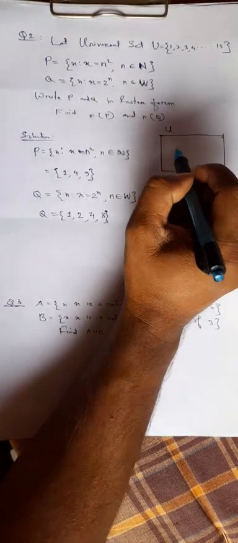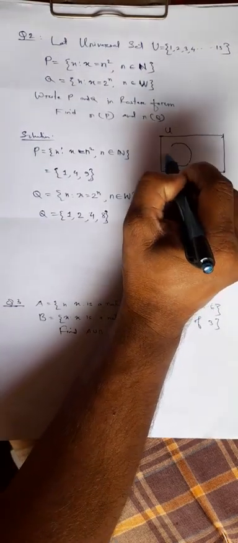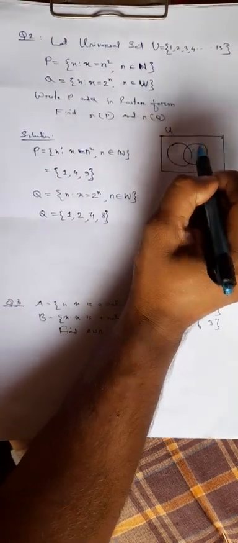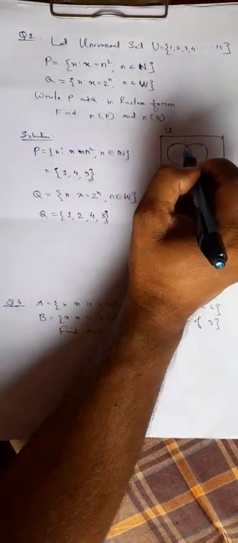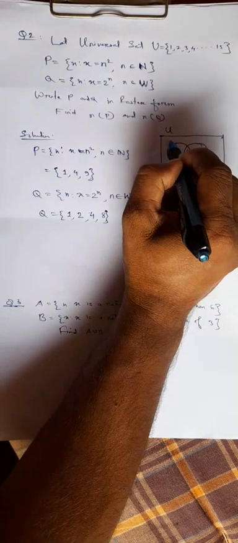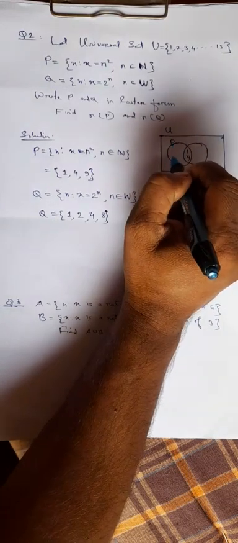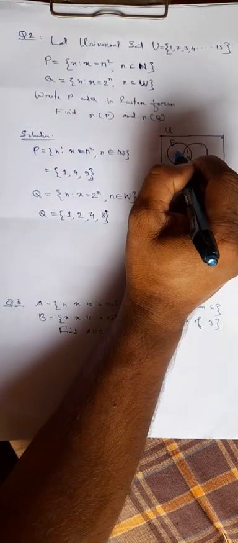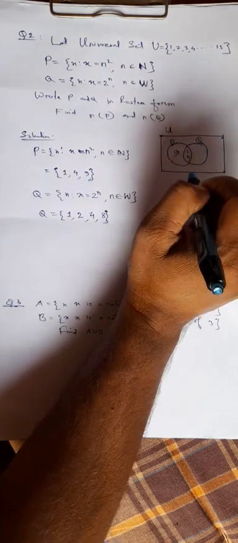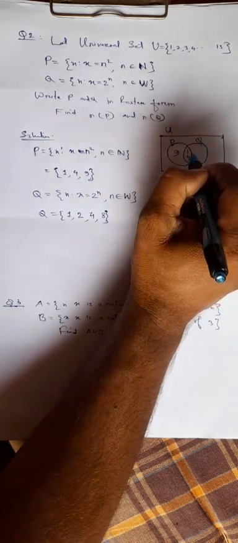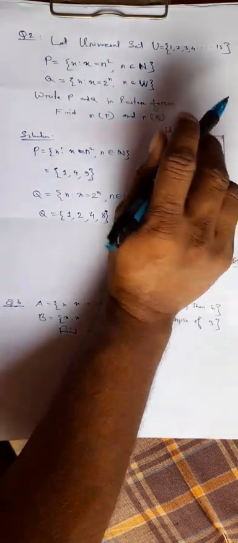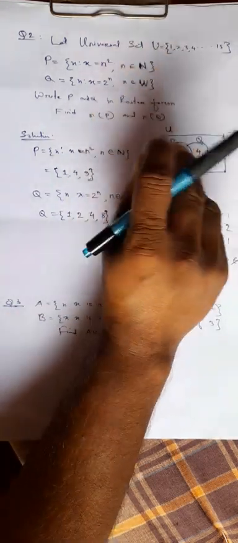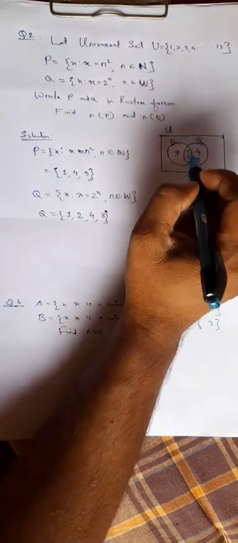So you got 2 sets here, P and Q. You find that common elements are 1 and 4. So you will write 1 and 4 here. P is this. So within P you got one more element here, 9. Q is this. Within Q you will find 2 and 8. And there are some elements in this universal set which are not inside P and Q. What are those elements?